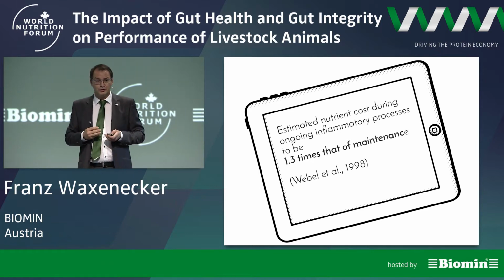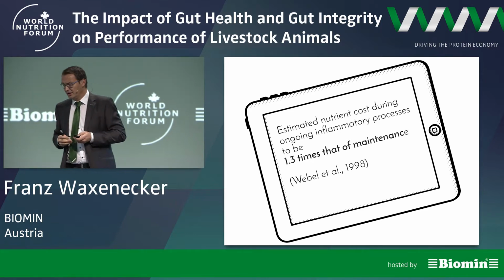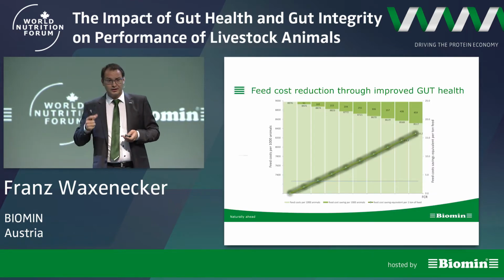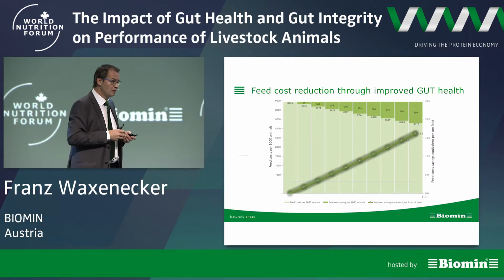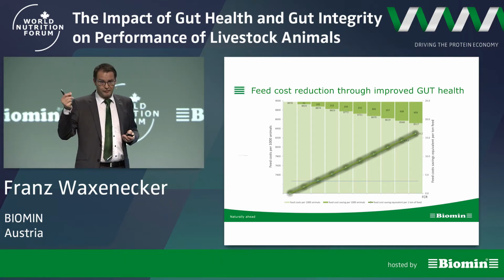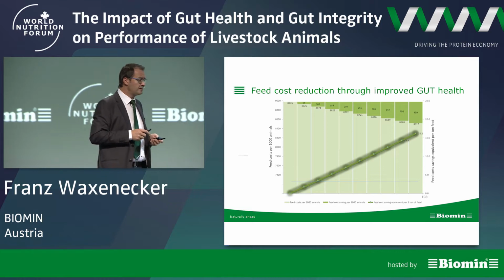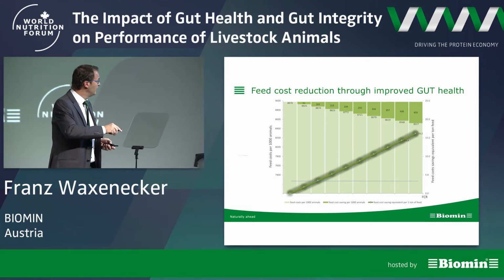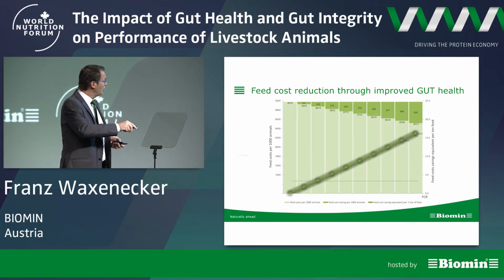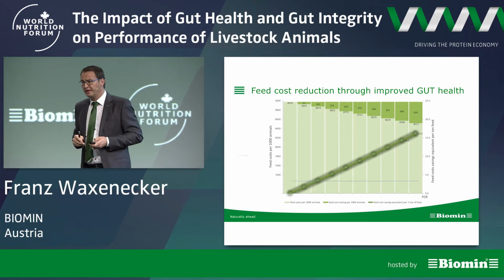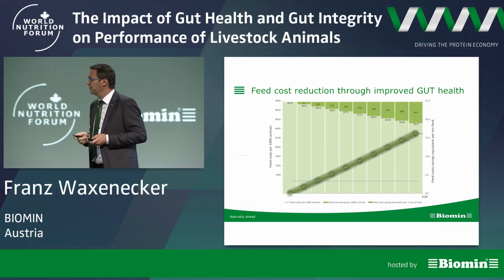So this is waste of nutrients which could else be used for growth or reproduction. Number two, low gut health situations are costly in terms of financial costs. In this table, it's a bit too complex to be explained here. You see how improving feed conversion rate is impacting the feed costs per ton.